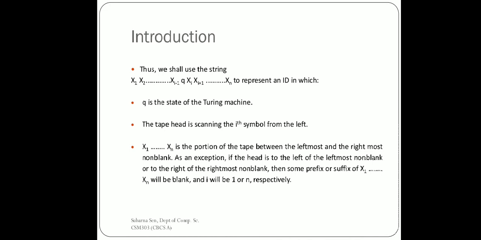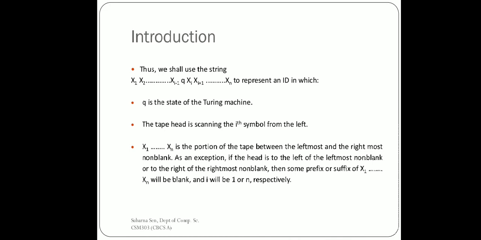Now see here, when this q is scanning the ith symbol from the left, you can see we have written x1 x2 up to xi minus 1, then q, then xi, then xi plus 1 up to xn. So whichever symbol my Turing machine is scanning right now, we will put the state in which it is processing just before that symbol scanned.